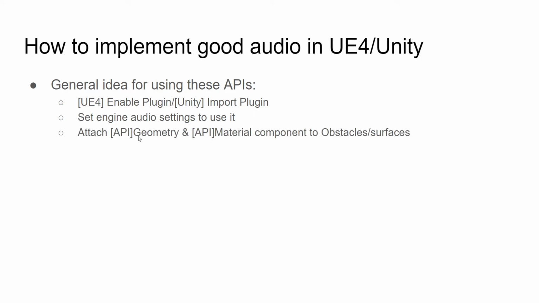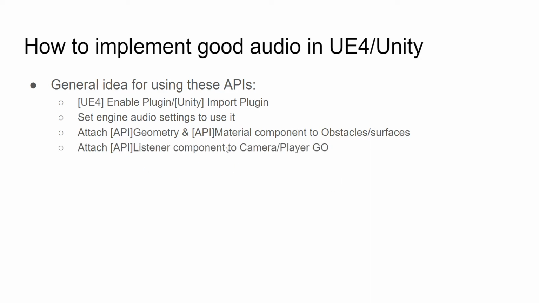To things that will block sound or reflect it or just occlude the sound at all, you'll attach a geometry component. You can also attach a material component to handle how things affect sound. So some surfaces are really thin and you can simulate that with a material. So for example, if any of the sound gets transmitted through the wall, like through an apartment.